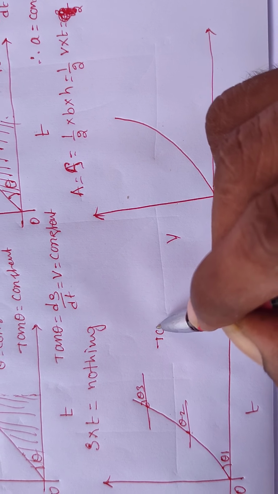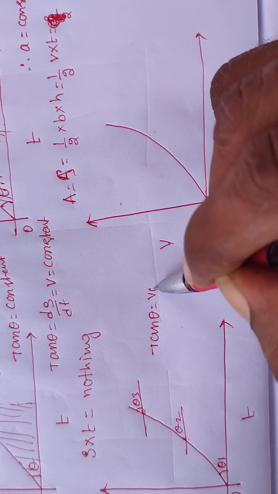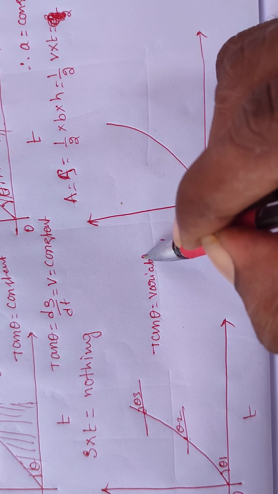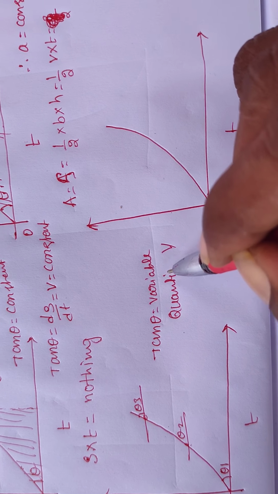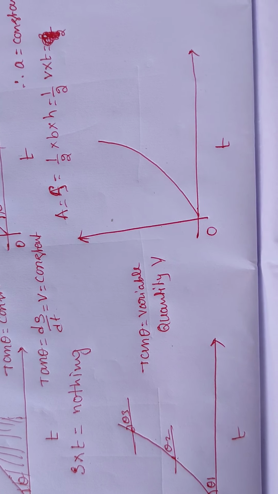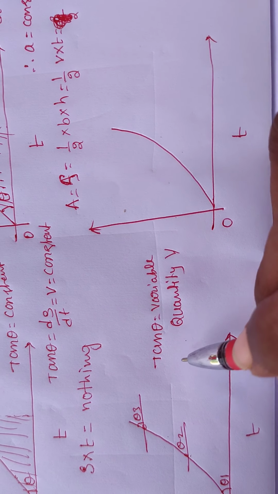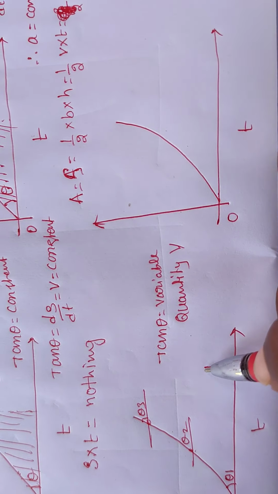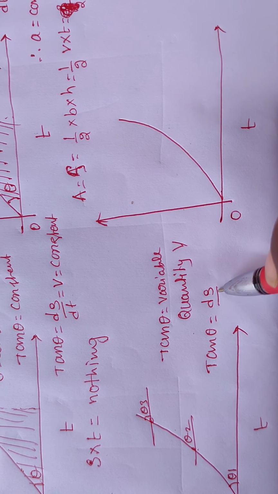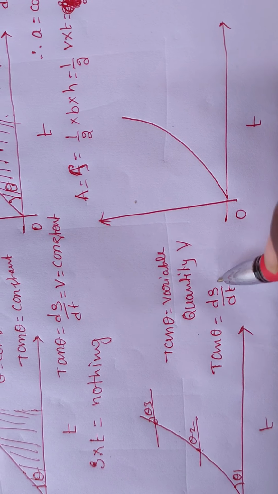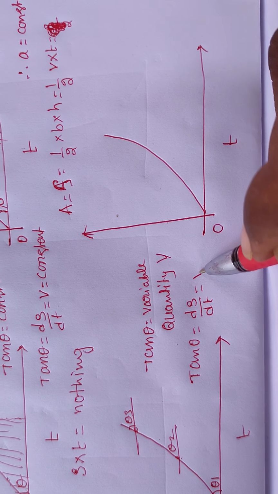So you have to represent tan theta as a variable quantity. Here the angle of slope is a variable quantity, so you apply the formula tan theta equals ds by dt. ds by dt is equal to velocity.